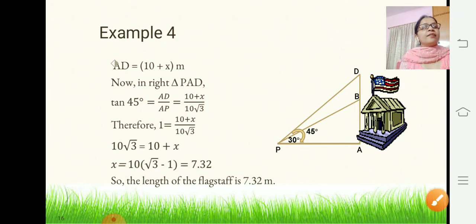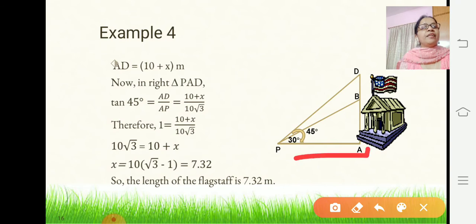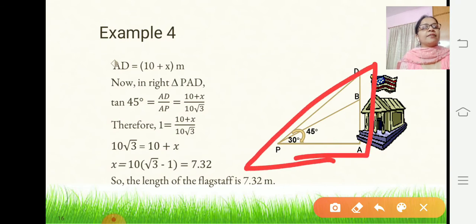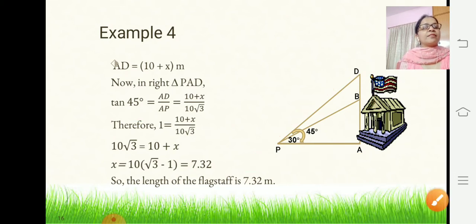So in right angle triangle PAD, the bigger triangle, tan 45 degree is equal to AD by AP, which is 10 plus x by 10 root 3, and value of tan 45 is 1. So you substitute the values and you find out x, which will be equal to 7.32. So the length of the flagstaff is 7.32 meter.